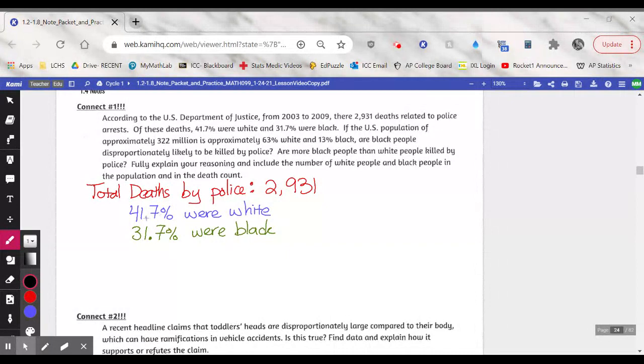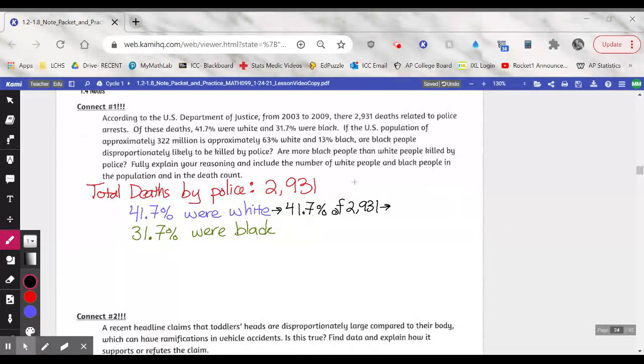All right, so if we want to find the exact number of white deaths by police, we're going to take 41.7% of 2,931. And to do that, you're going to change the percent to a decimal. We did go through changing it from a percent to a decimal.